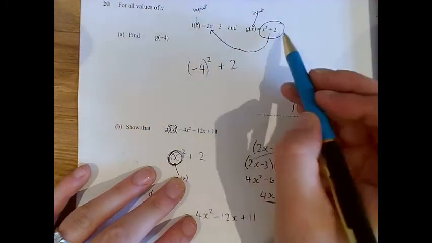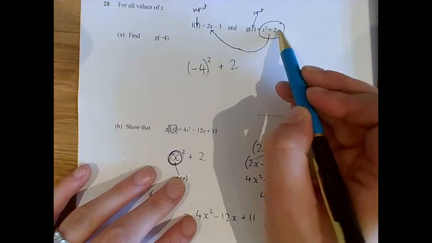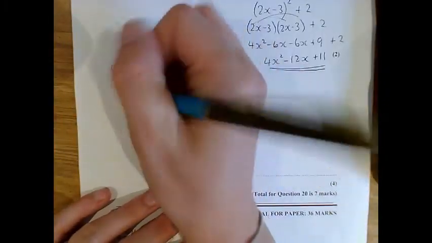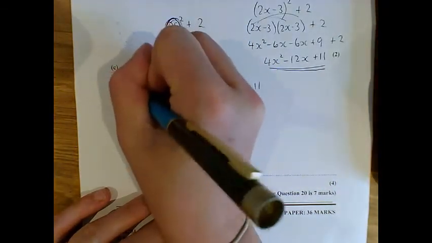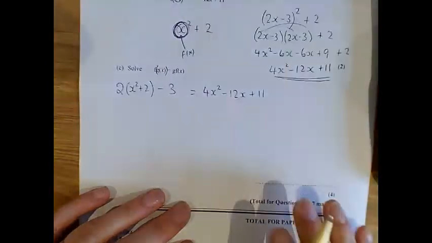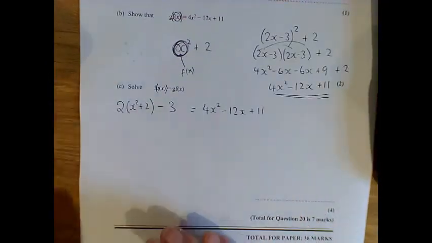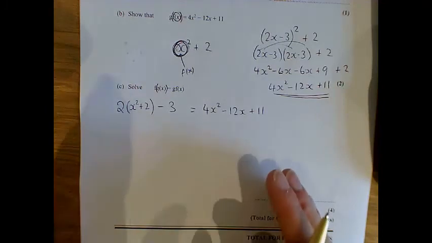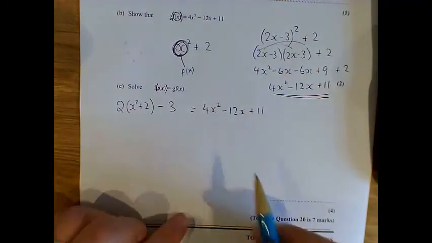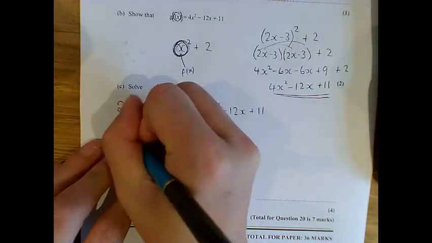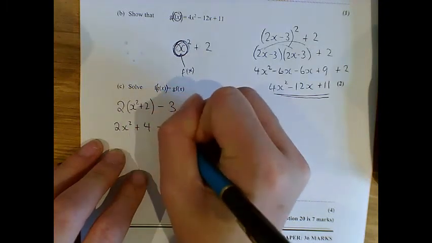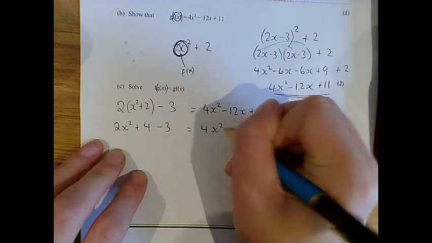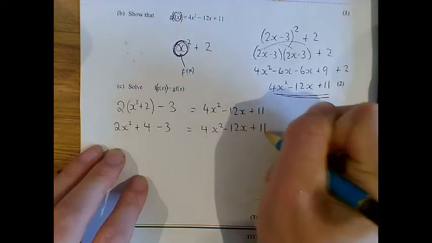So it would be 2 lots of this, take away 3. So 2 lots of x squared add 2, take away 3. So on one side, I've put g of x into f, and on the other side, I've put f of x into g. So this side is 2x squared add 4 minus 3 equals 4x squared minus 12x add 11.